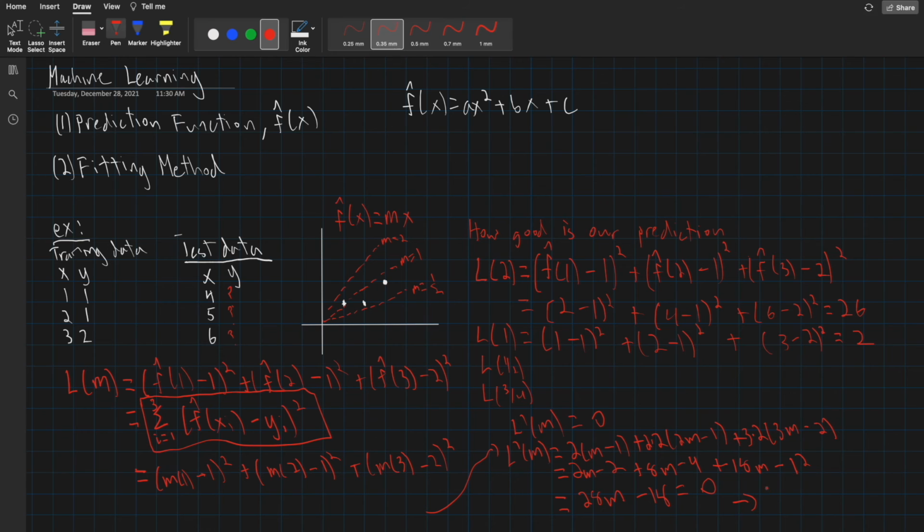So this tells us that 28m is equal to 18, which means m is equal to 18 over 28, which is 9 over 14.